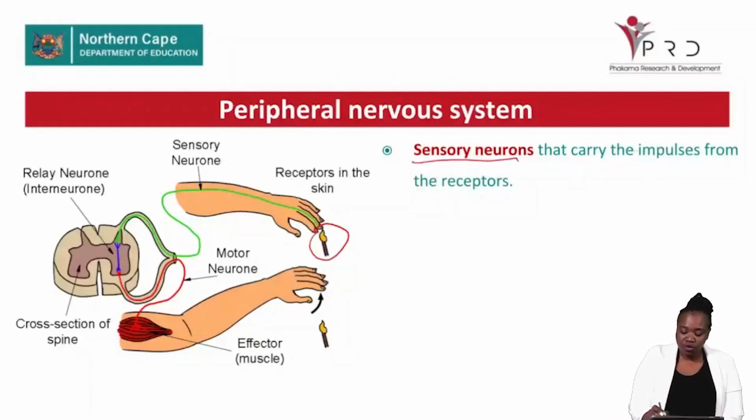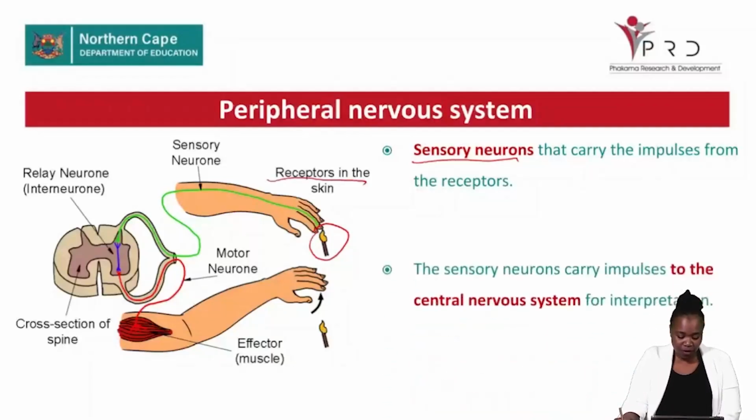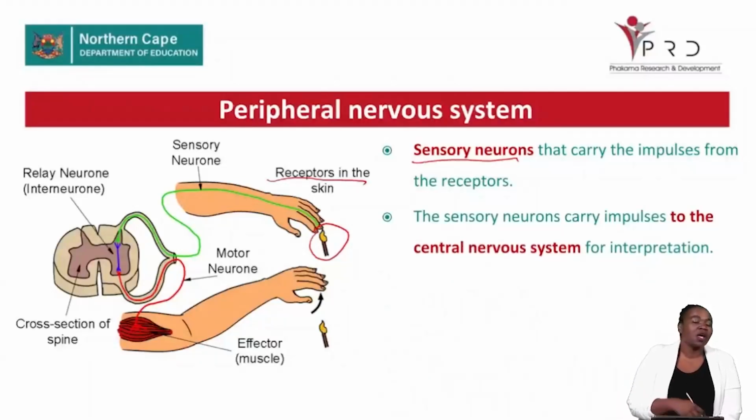We have sensory neurons that are responsible for carrying the impulses from the receptors. Remember, we spoke about the sense organs and the fact that they contain some receptors. So we can see here the receptors in the skin. Those receptors in the skin are going to detect this change in the external environment, which is this individual being burnt because of the flame that they were exposed to.